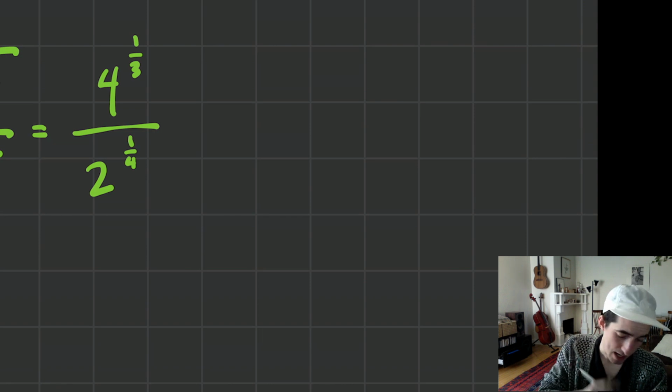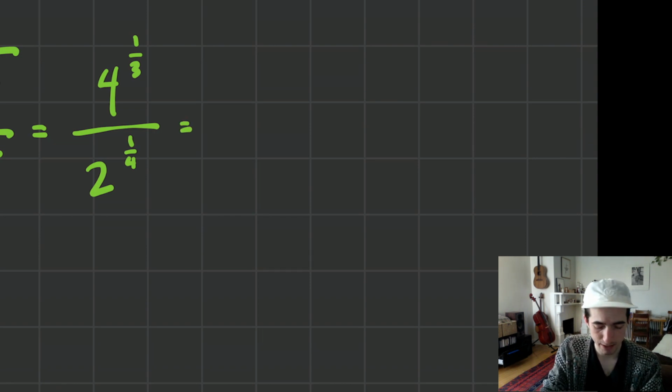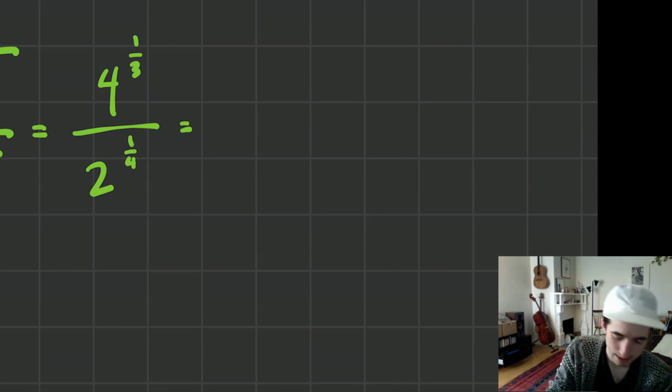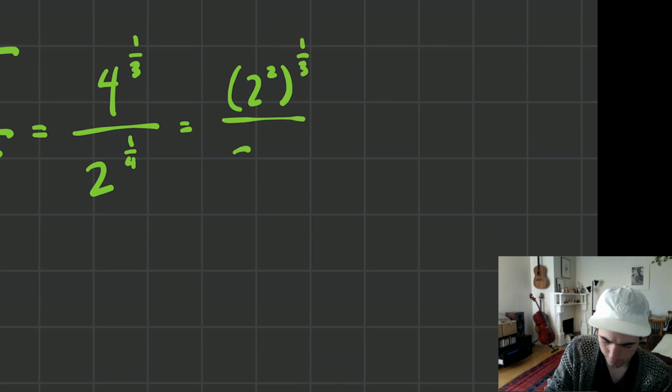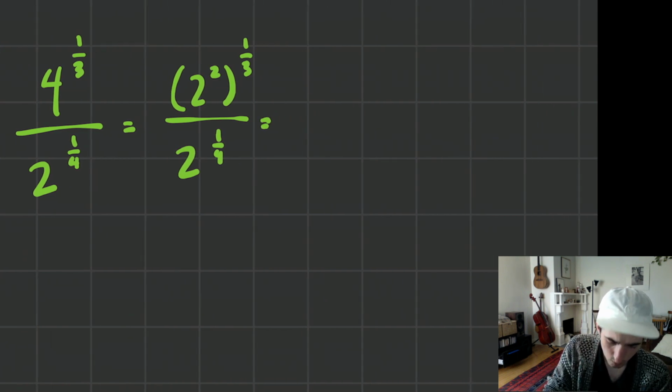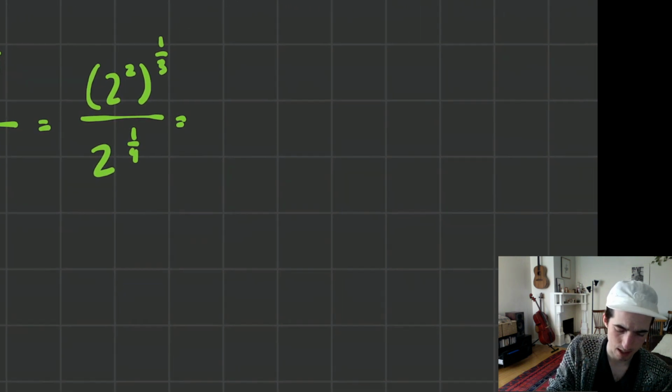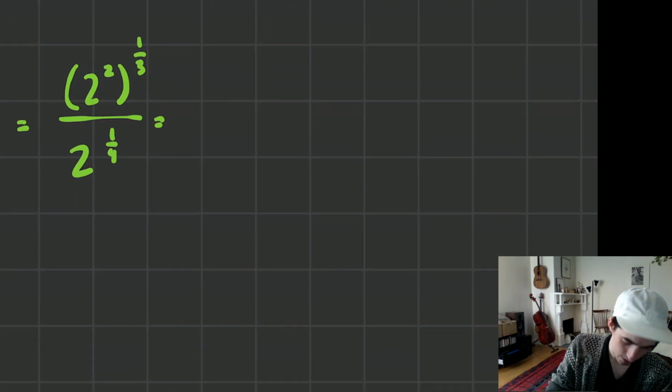Now I'm going to write this 4 as a power of 2, because if I do that, then I would be able to share the same base. So this is actually 2 squared to the power of a third, all over 2 to the power of a quarter. And using the power law, I'm going to multiply those exponents.